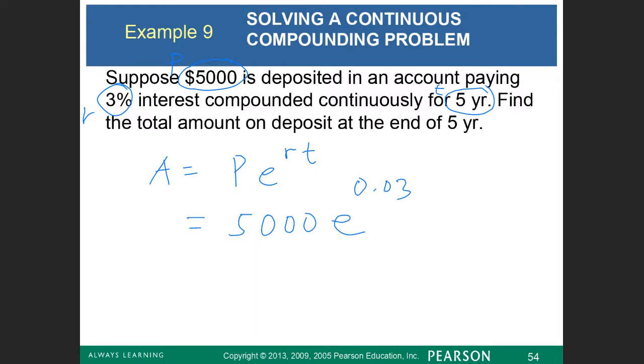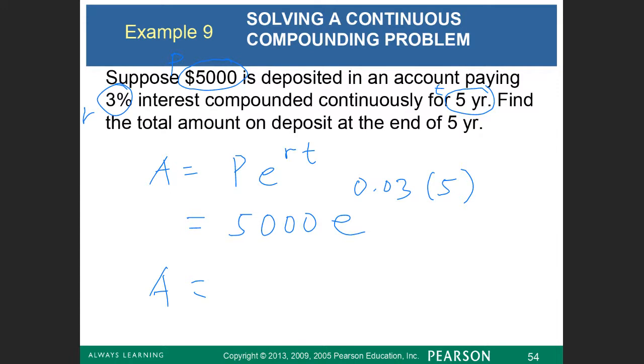So that would be 0.03 times time, which is 5 years. Okay, and just apply the formula and use your calculator to evaluate the expression.